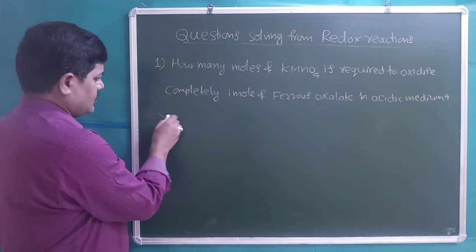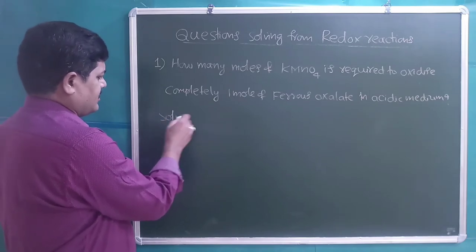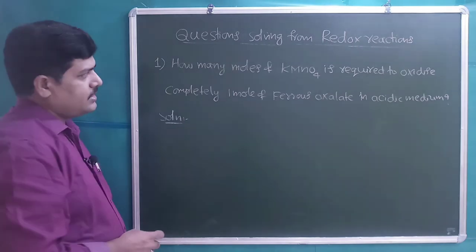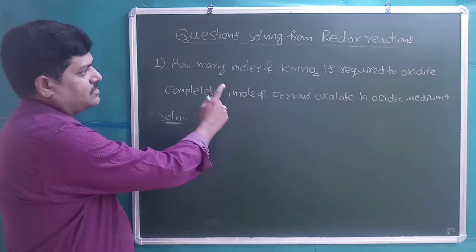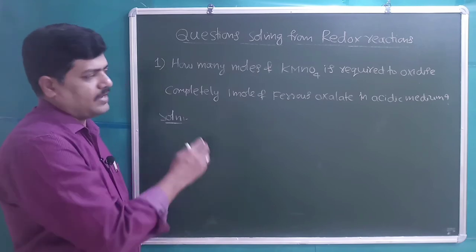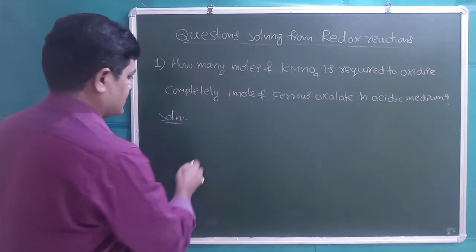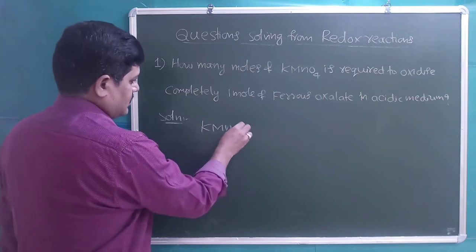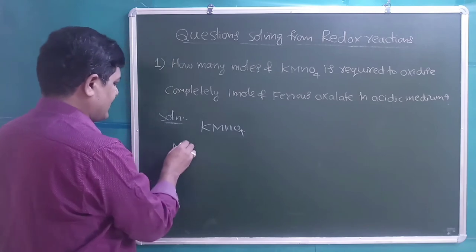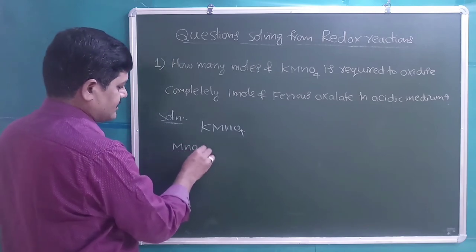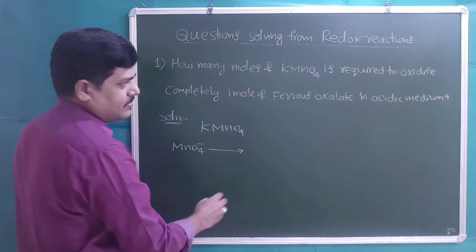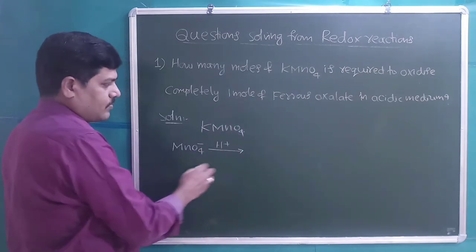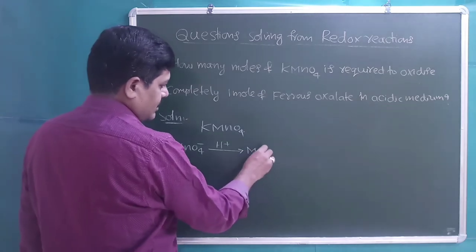Students, potassium permanganate can act as an oxidizing agent in all the mediums. Here it is used to oxidize ferrous oxalate. Potassium permanganate, KMnO4, in the ionic form we can write as MnO4 minus. In the acidic medium, MnO4 minus is converted into Mn plus 2.